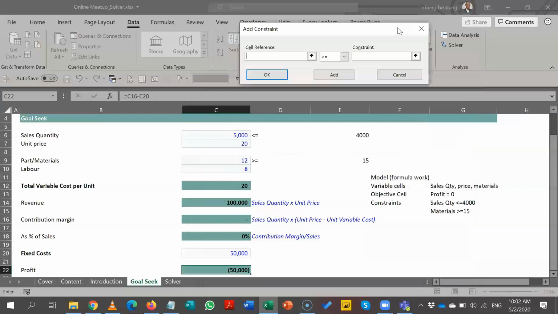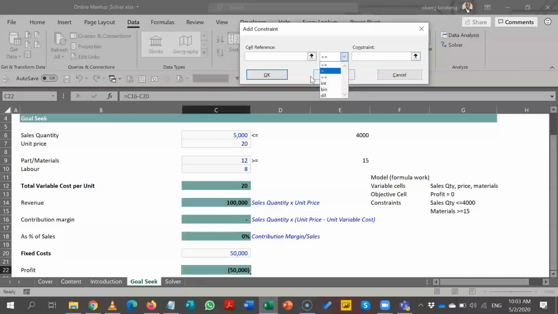In setting the constraint, you can select the cell reference or cell references if they are continuous, and you can use any of these operations to set it. Remember, our constraints are we cannot sell more than 4,000. And then secondly, the materials cannot be less than 15 cedis per product. So these are the operations you do to set your particular constraint.